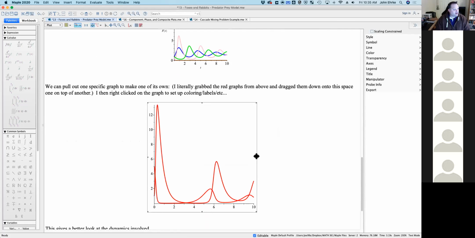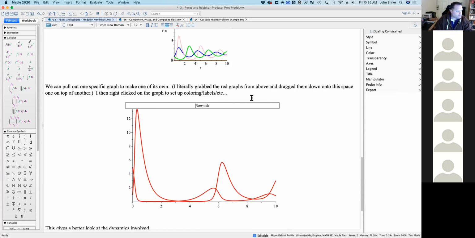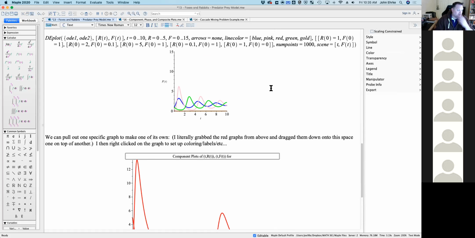So now maybe I want to dress this plot up a little bit. I want to give it a title. So I'm going to add a title. Maybe my title is component plots of R of T and F of T for, let's see, what were our values here?